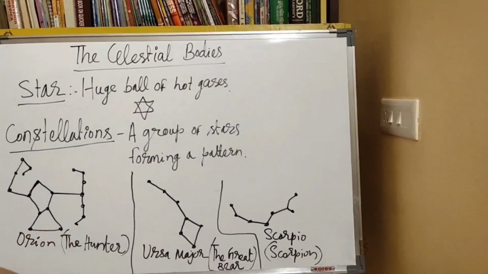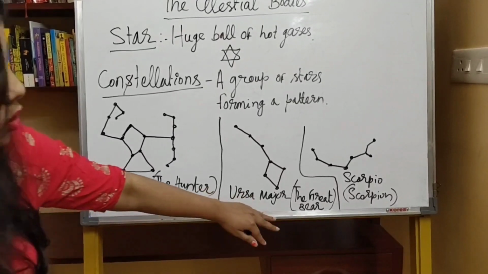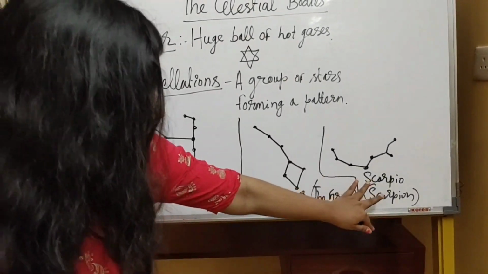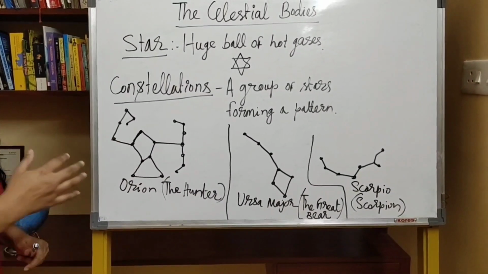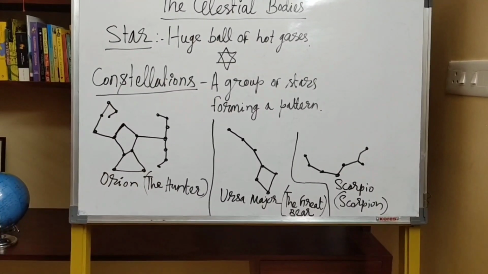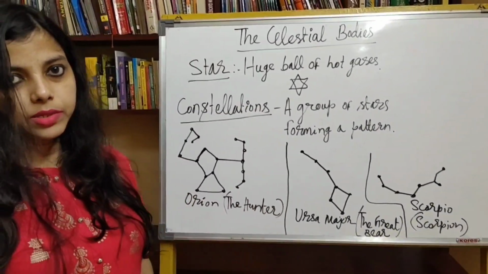Okay, so did you see that? This is called Orion or the Hunter. This is your Ursa Major or the Great Bear. This is your Scorpio or Scorpion. These are the three constellations that I just drew. But you know what? There are a lot more constellations.